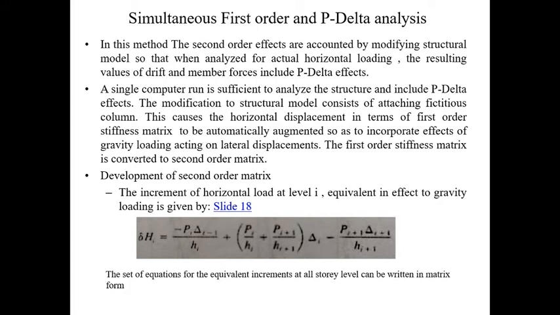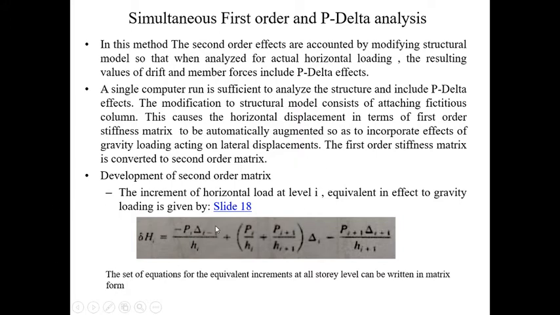So the first order stiffness matrix will be converted automatically to the second order matrix. First order will have only the horizontal displacements, and when you include the P delta effect, it gets augmented, increased, as the gravity loading and the lateral displacement will be there. So the first order stiffness matrix will get converted to the second order matrix here.